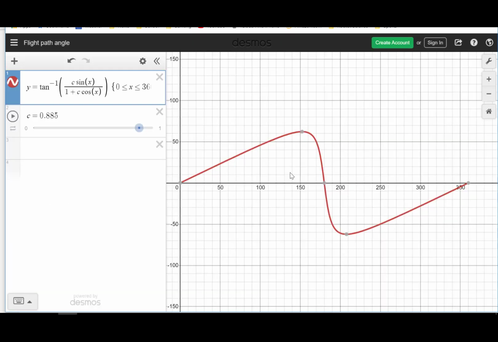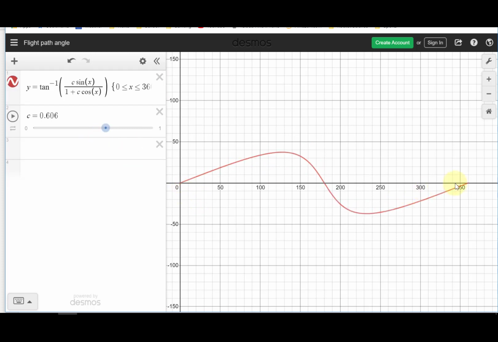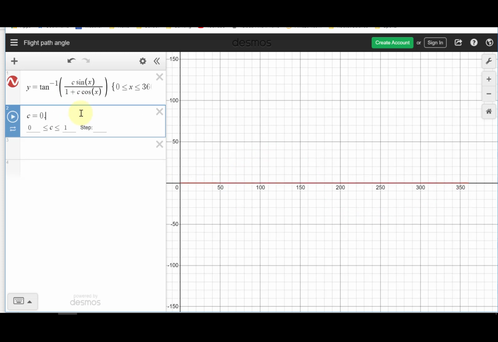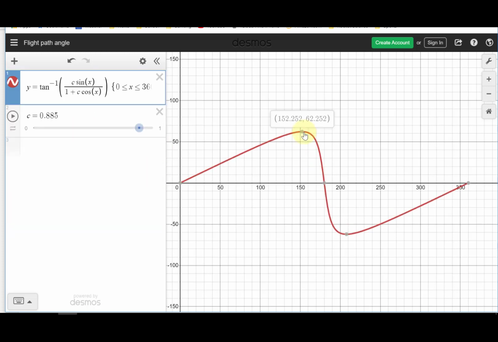Let's go back to the Kerbal Math and Physics workbook and click on this link here, flight path angle. We get this graph, and you can experiment with what the flight path angle would be all the way from 0 to 360 degrees, one revolution around any planet or moon, and you can set the eccentricity to whatever you want. So let's put it to the eccentricity that I had on this particular flight, 0.885 roughly, and from there I can now actually confirm what is the maximum.